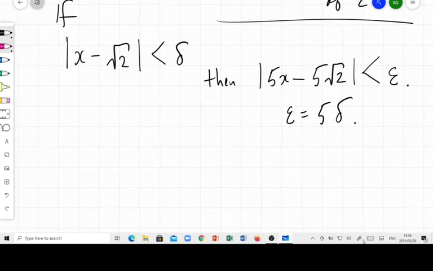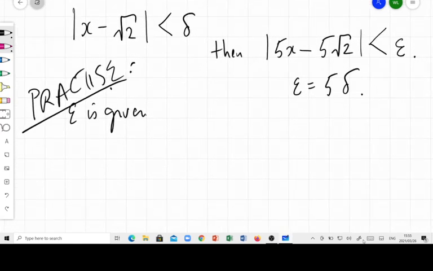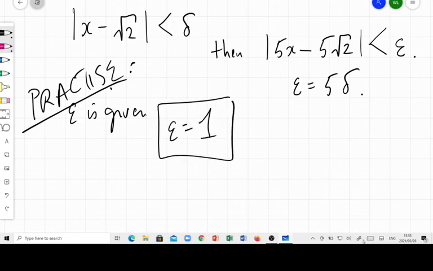But what normally happens in practice is that the epsilon is actually given to you. So let's be concrete. Let's say my epsilon is equal to 1.